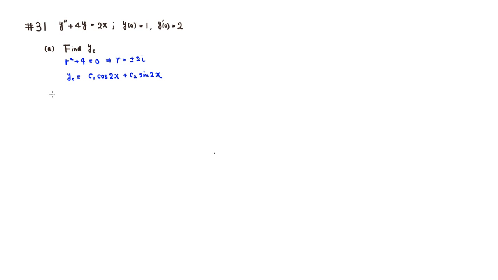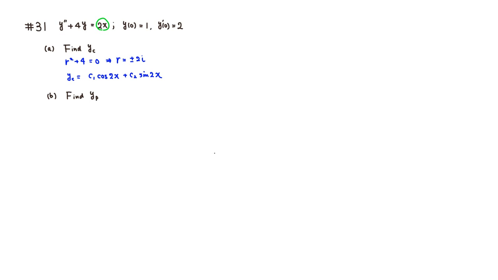Part B is to find the particular solution, y sub p. So let's do that. I'm going to use the method of undetermined coefficients. We look at the right hand side, which is 2x.